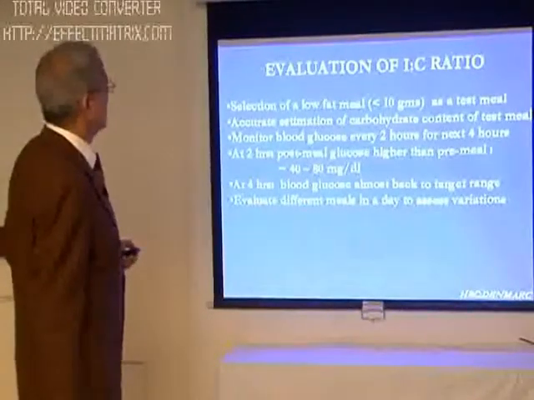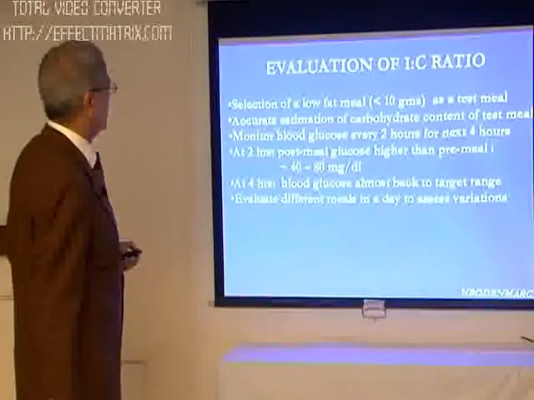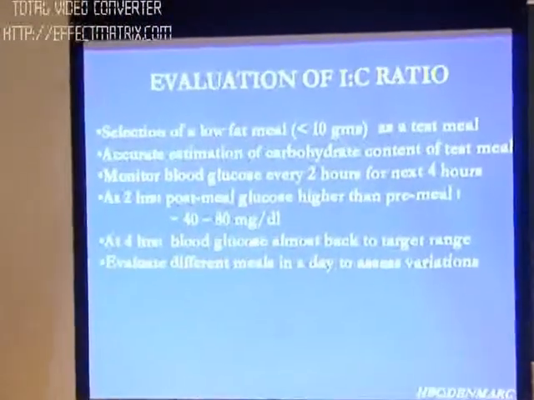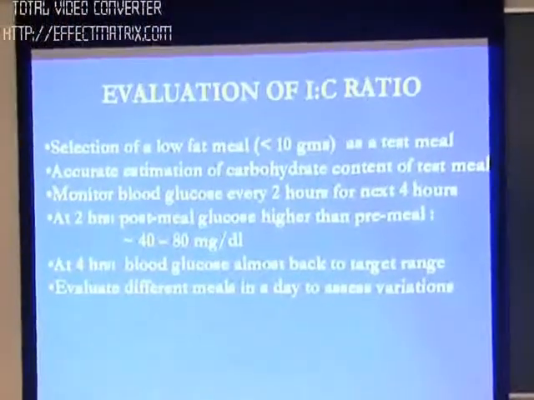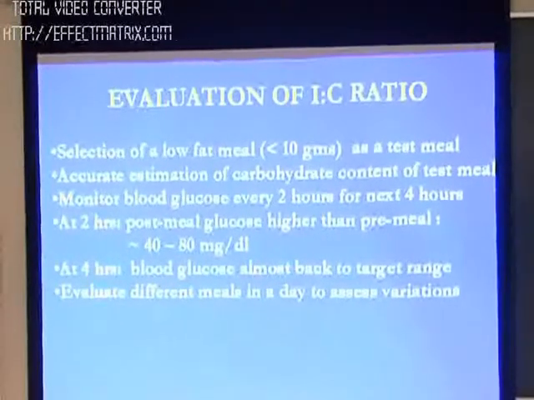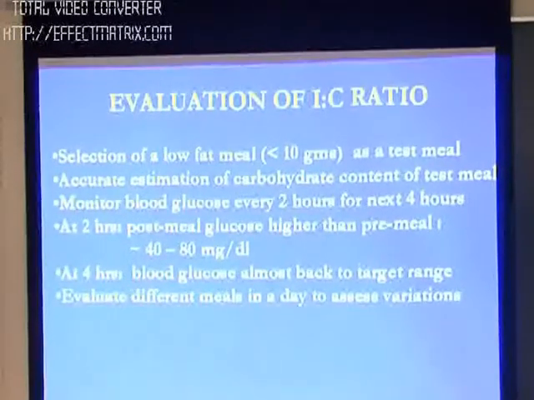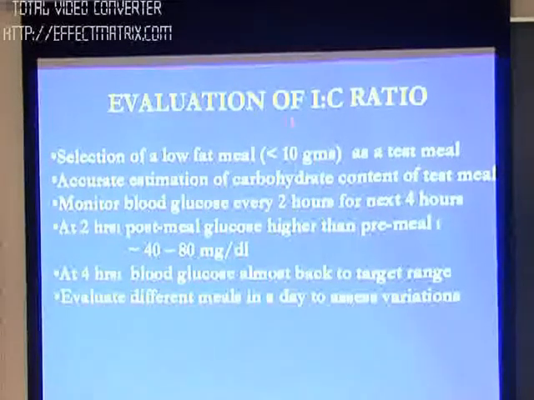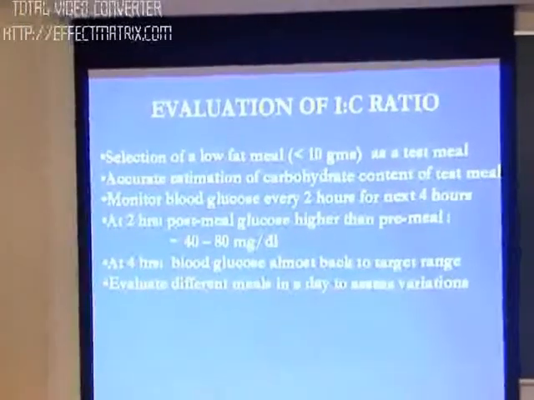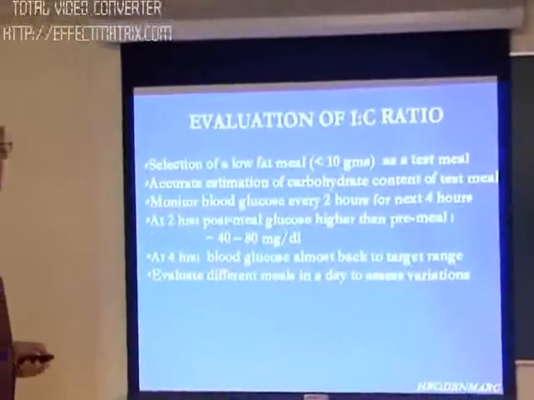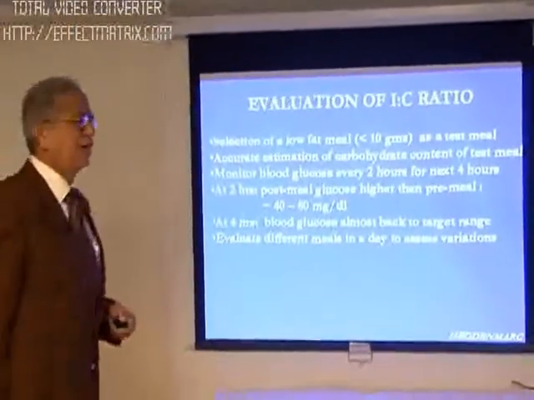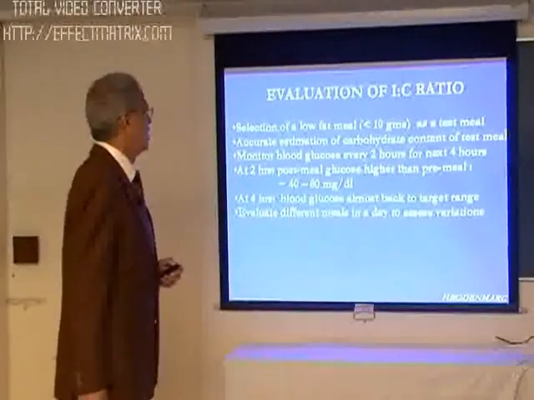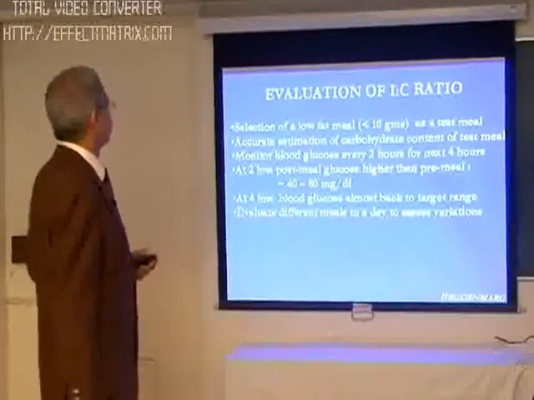So the peak prandial allowed is between 40 to 80 milligram above the pre-prandial value. The post-meal glucose should be within this range, and it should come back to target range after 4 hours. And if you have to do it thoroughly, you do it on 2 or 3 different meals and assess the variation there also, and then the patient knows for sure what is his or her insulin carbohydrate ratio.